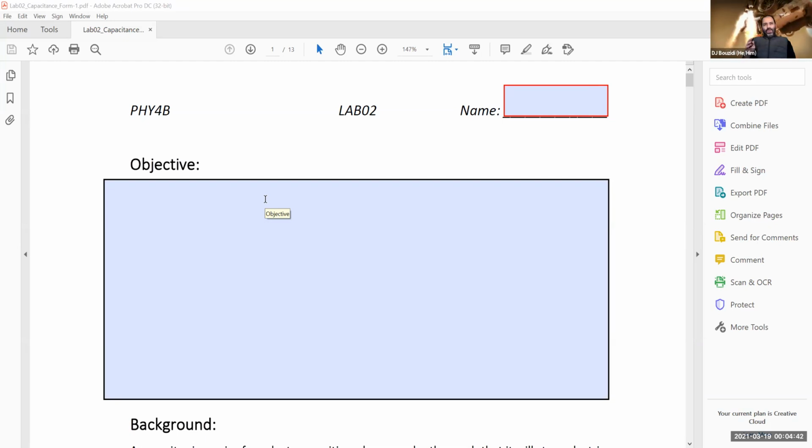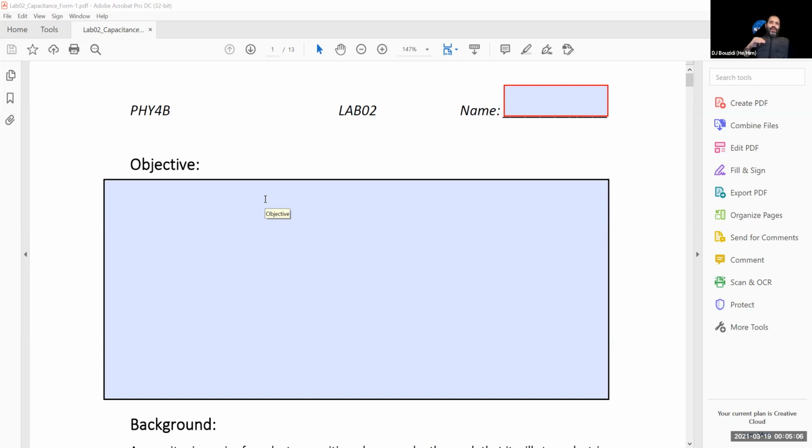As a matter of fact, if it does not work for you, you have to come up with your own version of it, stating, okay, my name is so-and-so, this is the objective of the lab, and then you go question by question. The only thing I ask, because I go by the rubric when I'm grading, is to follow the order in which the rubric is going, because that's exactly what this lab report form is doing also.